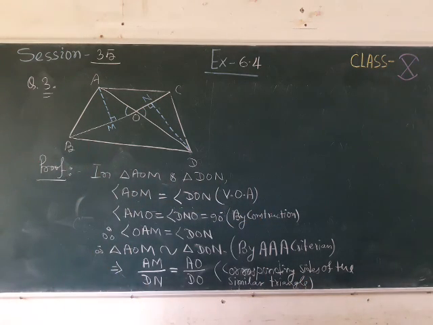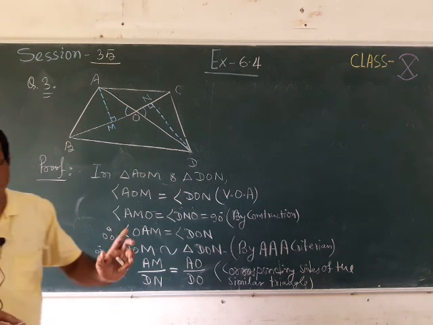Corresponding sides of similar triangles are always in proportion.